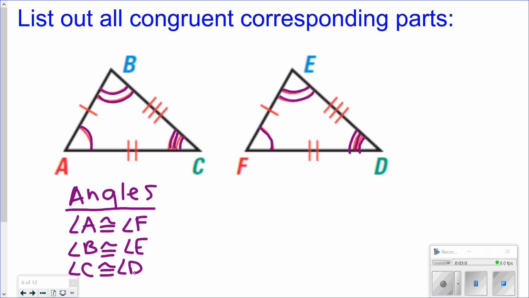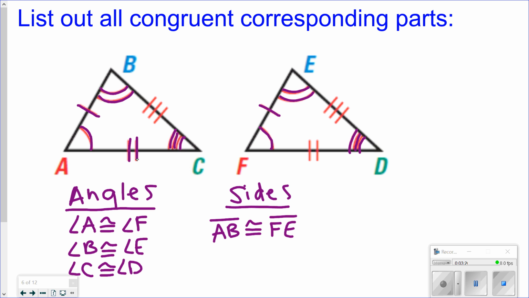Now let's look at the sides. And once again, we want to look at the number of tick marks. So I see one tick mark here and one tick mark there, meaning that those line segments are congruent. So segment AB is the same length and congruent to segment FE. I have two tick marks here.